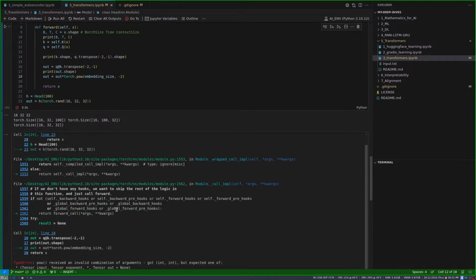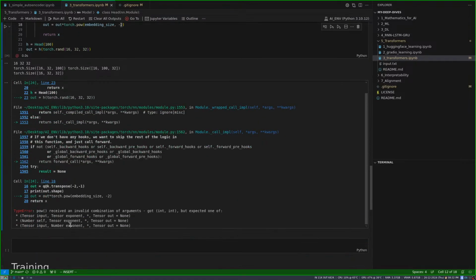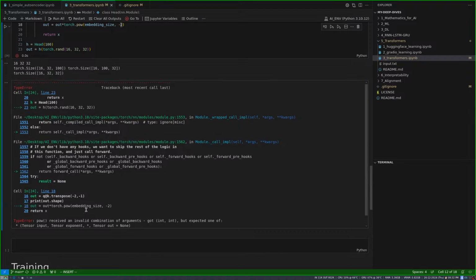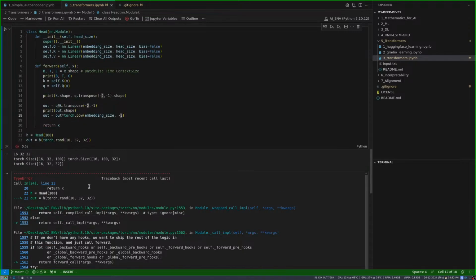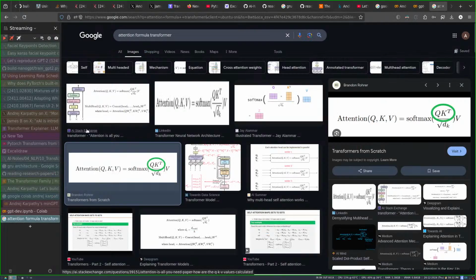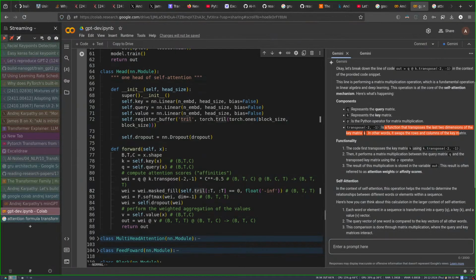No. Power is an invalid combination. Got int, but expected one of tensor input, tensor exponent, tensor out. I don't know. Then how do you do it?